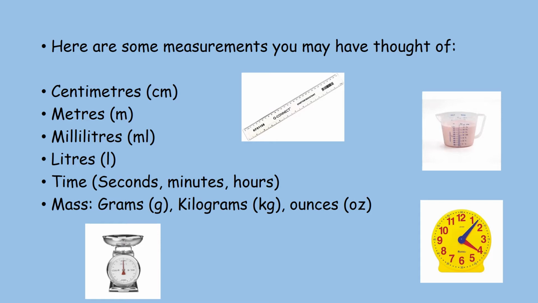We've used measuring jugs and cylinders when looking at capacity and looking at millilitres and litres. We've used the clock to help us to work out seconds, minutes and hours. And with weighing and cooking, we've done lots of cooking in year 2. We've looked at grams and kilograms and ounces as well.